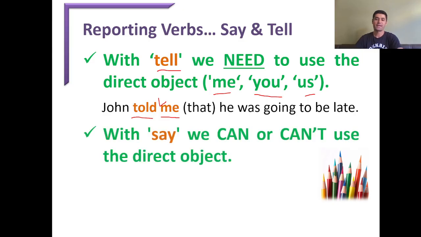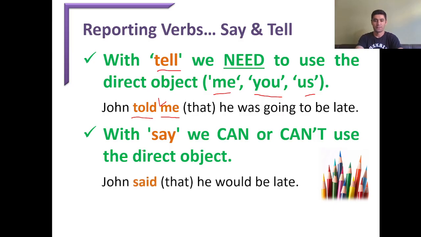But with say, we can or can't use the direct object. Sometimes when we don't have the object, we can put this word said and we use that and then the subject. For example, John said that he would be late.